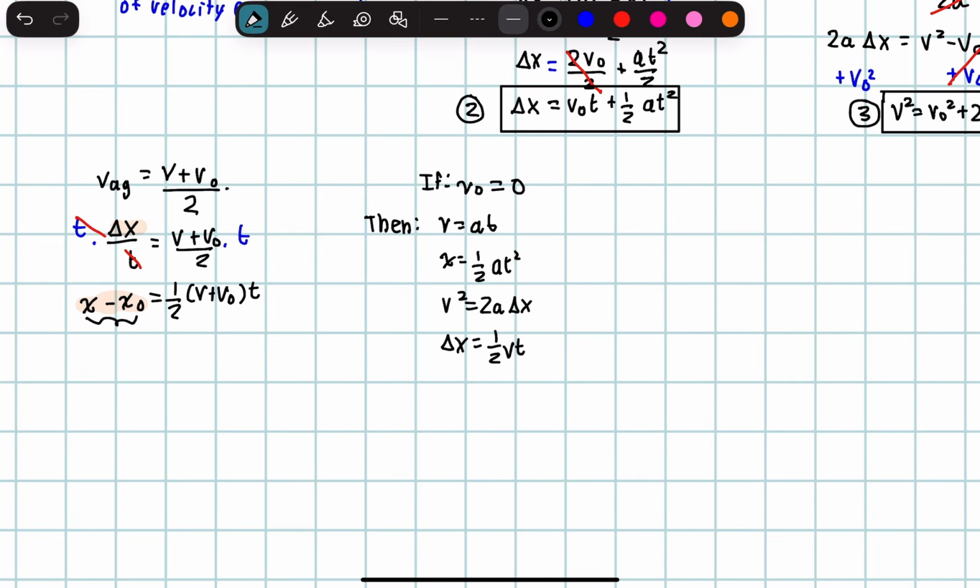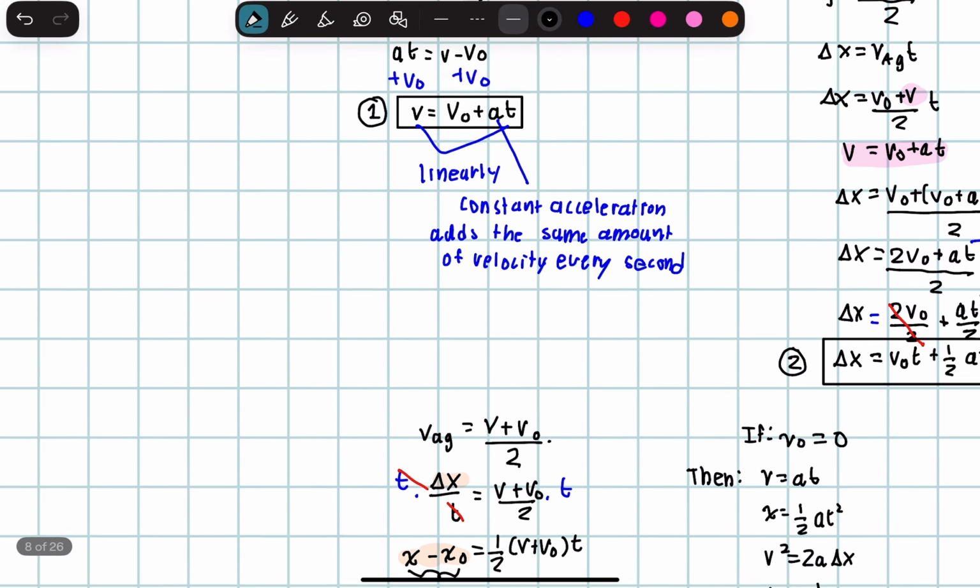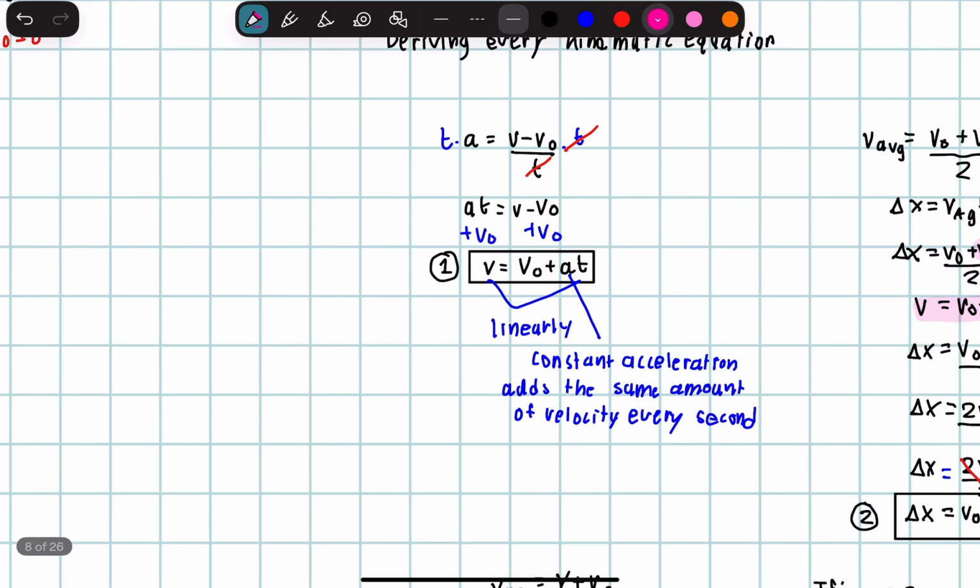Now there are also algebraic rearrangements. So for this, you could also rewrite this as acceleration is equal to v minus v initial over t, or as t is equal to v minus v initial over a. This is just solving for a different variable.